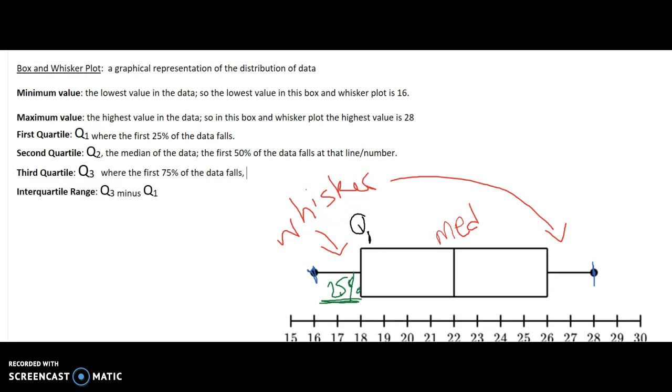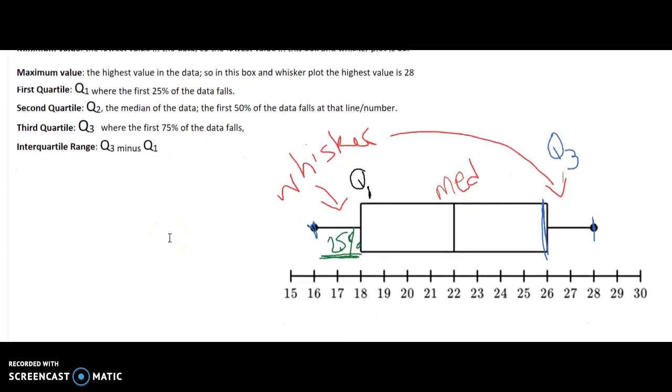And you guessed it correctly. Where is the third quartile? The third quartile is at this line right here. This is your third quartile, which we label Q subscript 3. Again, the 3 is supposed to be smaller than the Q, but I cannot write that correctly.